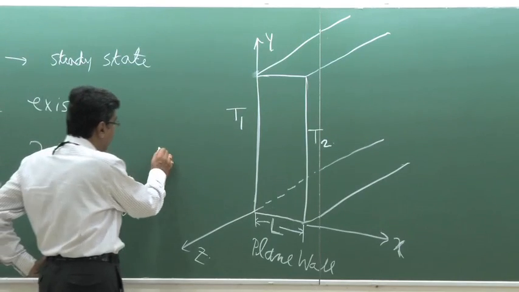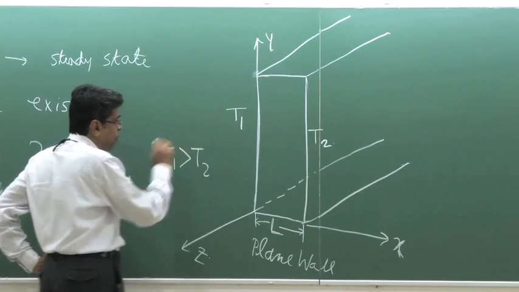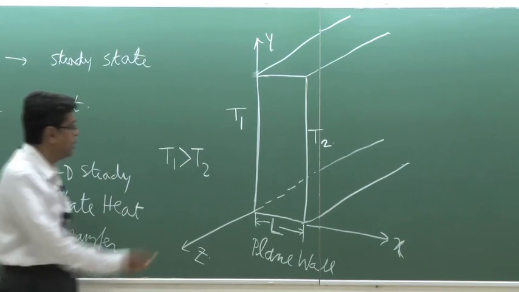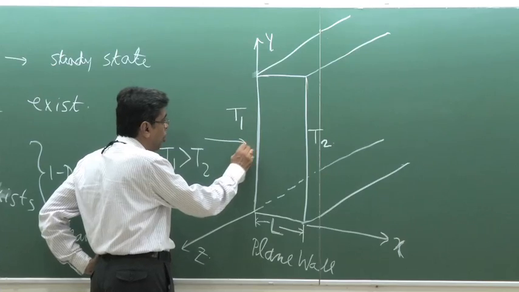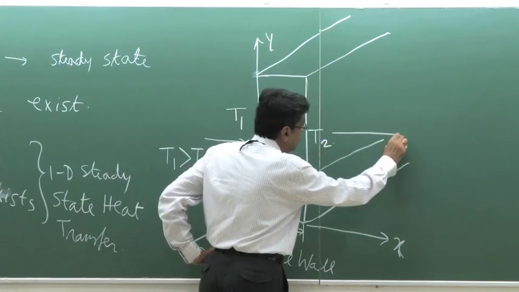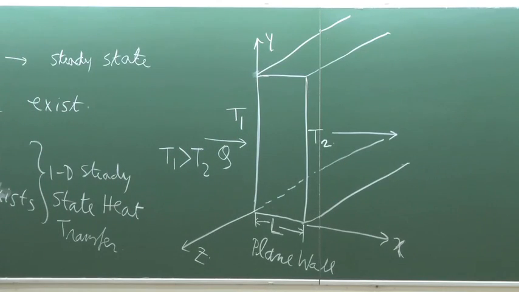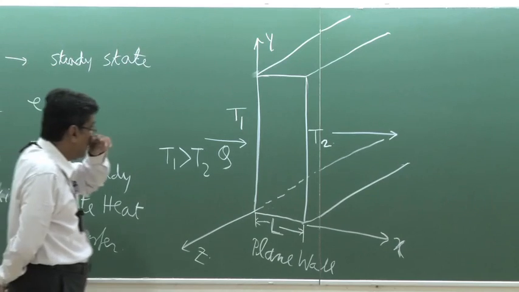And if T1 is greater than T2, by our basic definition of heat transfer, heat will flow in this direction from high temperature to low temperature.